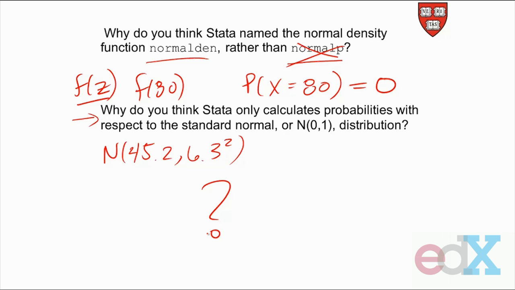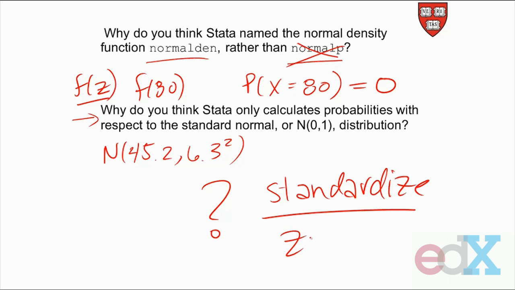This would be really convenient if Stata did have such a function, but what we want you to remember is if you're doing normal calculations in Stata, you have to first standardize and make sure that you have a normally distributed random variable with mean 0, standard deviation 1. So keep that in mind when you're trying to calculate normal probabilities.